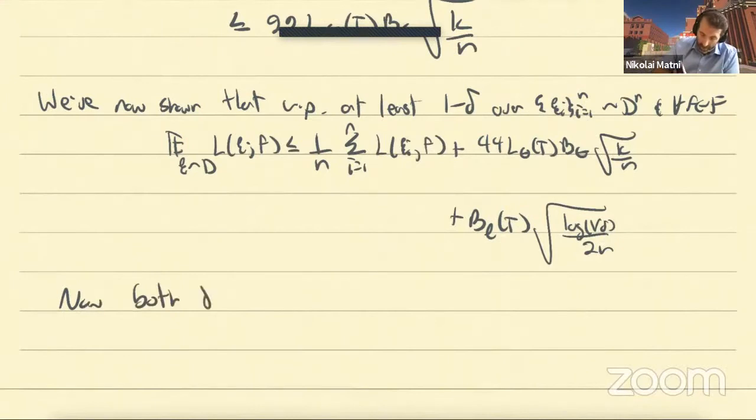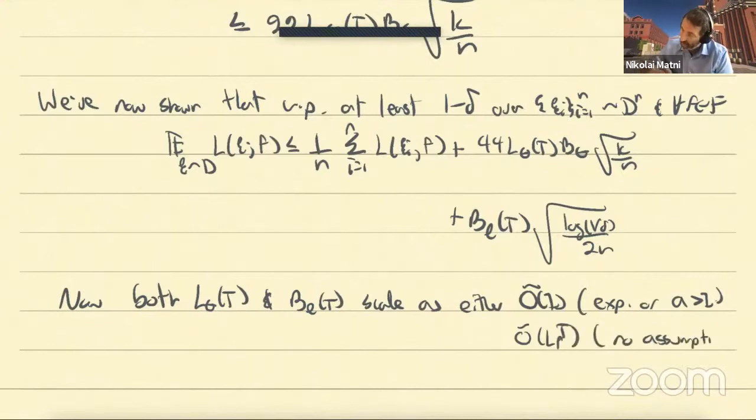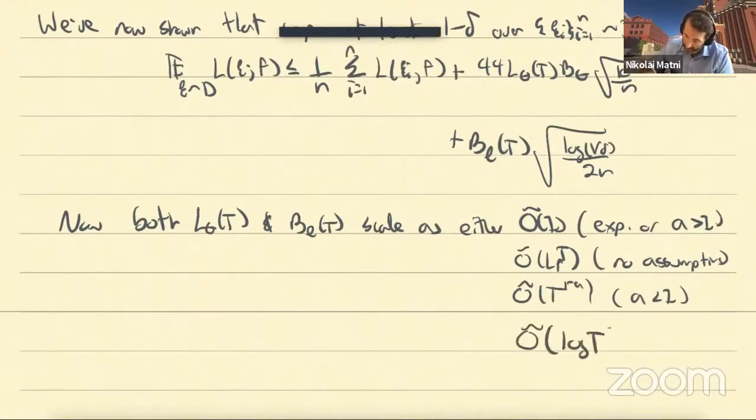Now, both L theta of t and BL of t scale as either order 1, or, if a is greater than 1, this is exponential, order L_f to the t, no assumptions, or order t to the 1 minus a, if a is less than 1, and order log t if a is equal to 1.